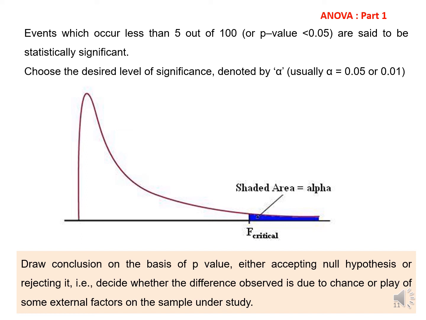If the p-value is less than 0.05, it is said to be statistically significant. Now, if our calculated F value is greater than the F critical value, we reject the null hypothesis.